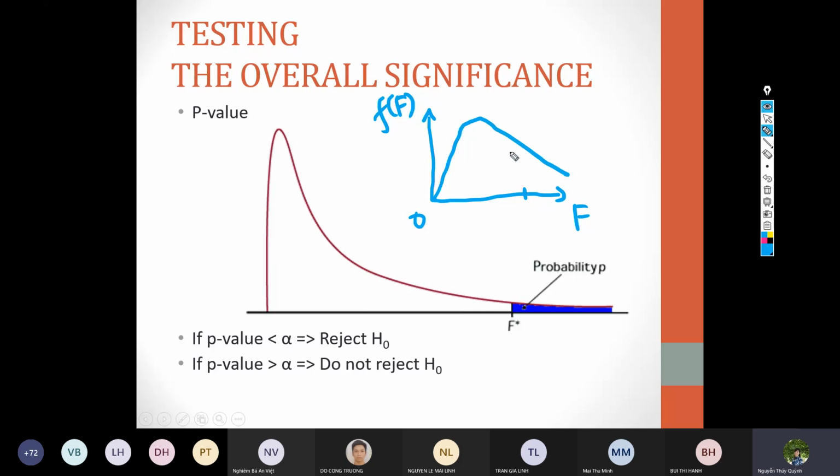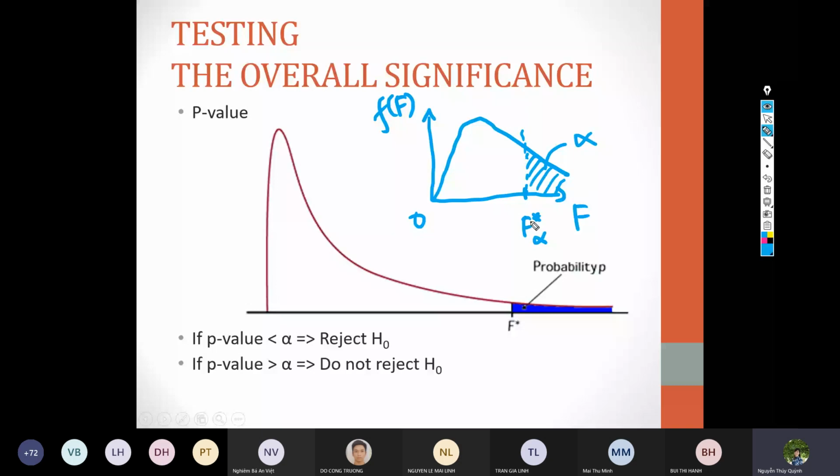So if we have an F star here, so that the probability that we can see an F that is greater than F star is alpha, we will call this one the critical value F alpha. So alpha is the area to the right of our critical value of F.